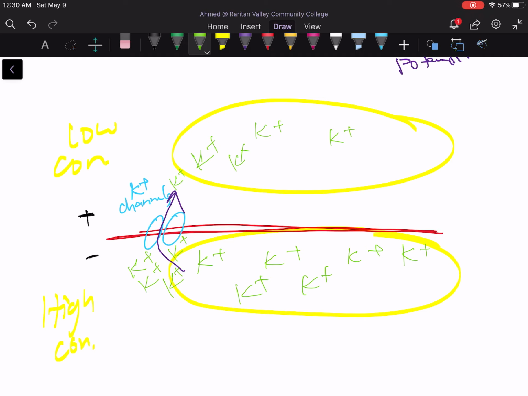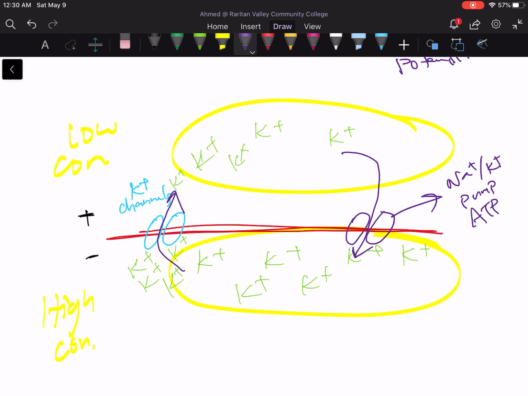So what will happen is that we can think of the sodium-potassium pump that would bring these potassium ions back using energy. So at one side, there is a movement of potassium ions toward outside, and at the other side, there is a movement of potassium ions toward inside.